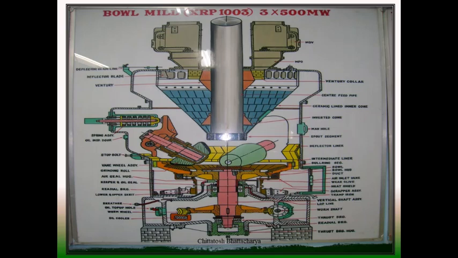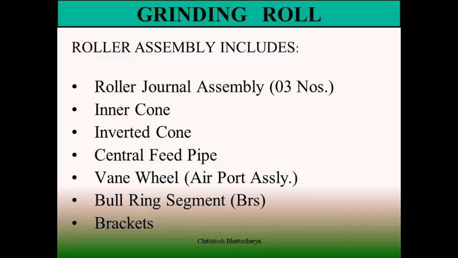When primary air comes inside through the gap between the bowl and the mill body, there are several mill body liners, around 8 of them. They create the swirl, and due to this swirl, the coal particles which are getting pulverized move upward and enter the classifier cone, where there is a vortex formation.